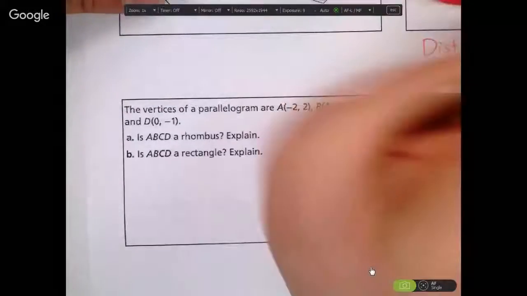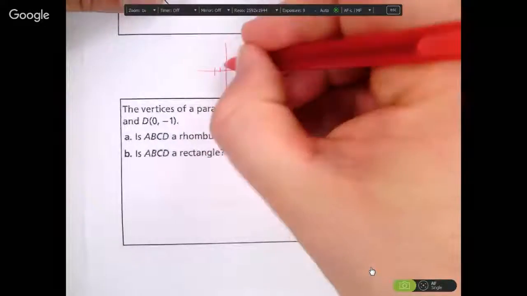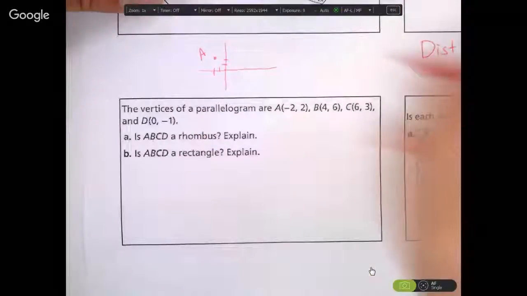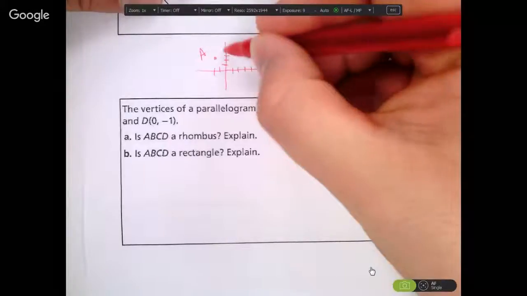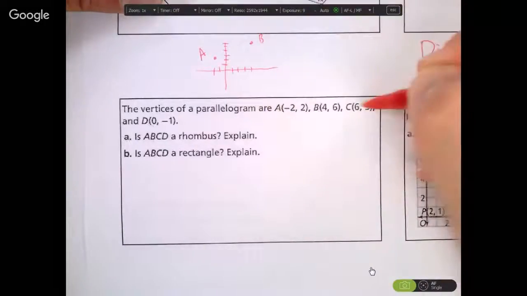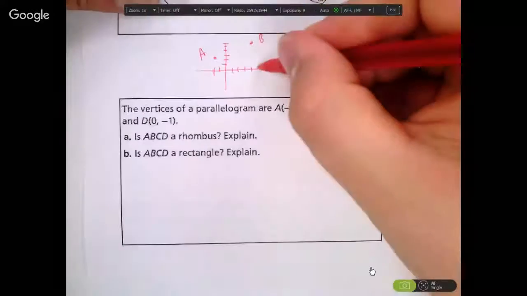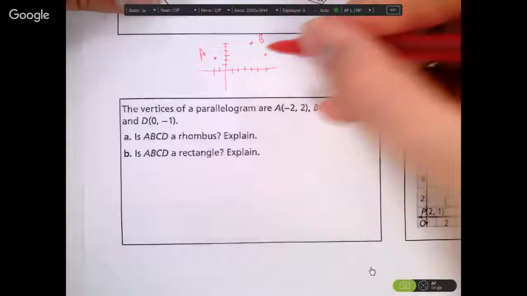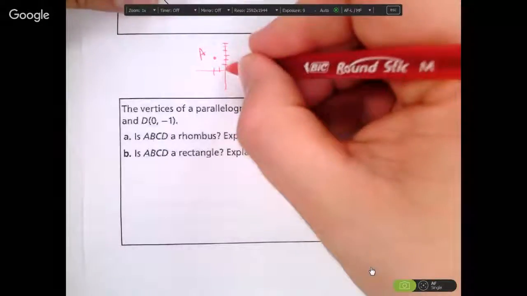I would just make a quick little graph, okay? -2, 2 is my point A. 4, 6. 6, 3. 0, -1.